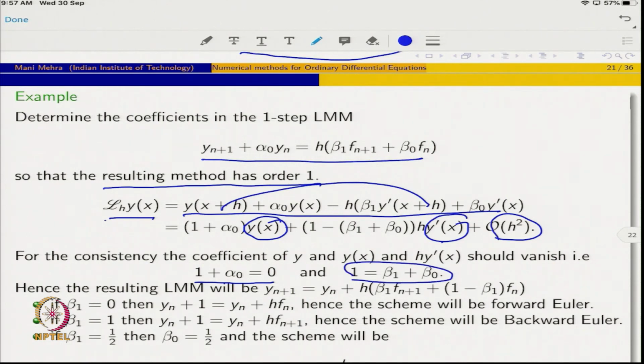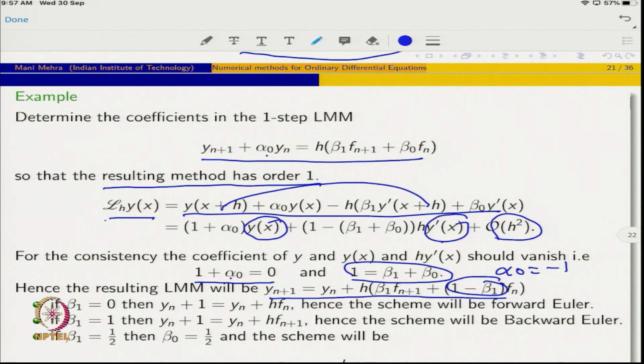Hence, the resulting linear multi-step method will be this, because from this equation you can get alpha naught is equal to minus 1. So, this is 0. So, alpha naught is minus 1 which you can keep it here, and then we get this beta 1 and beta naught is 1 minus beta 1 which I am keeping here.